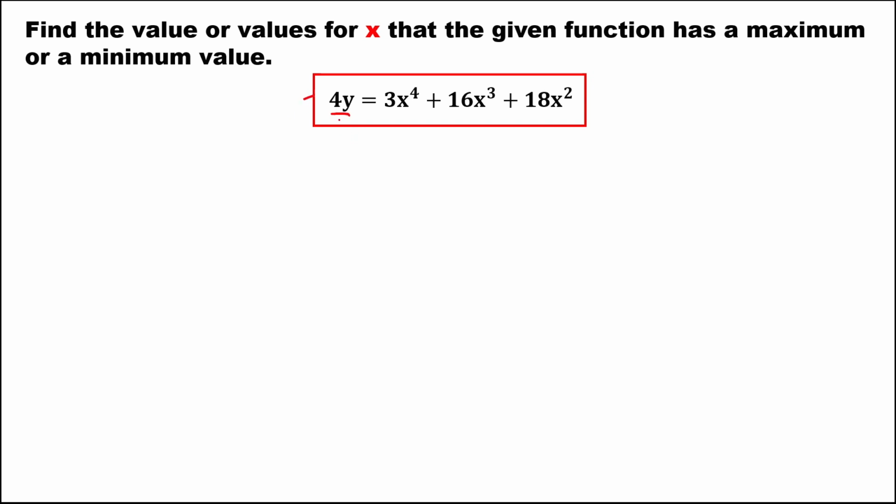Then for this given, again, we need to find the first derivative. So the derivative of 4y is 4 times y prime, then equals the derivative of 3x to the power 4.